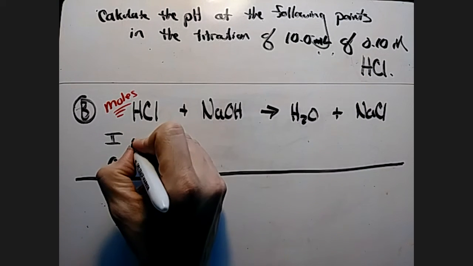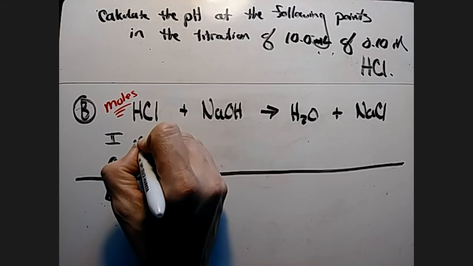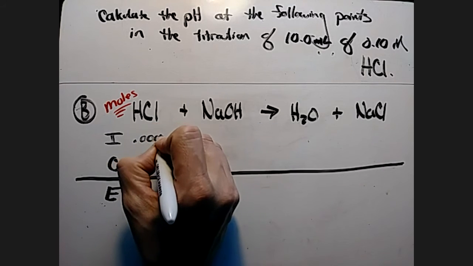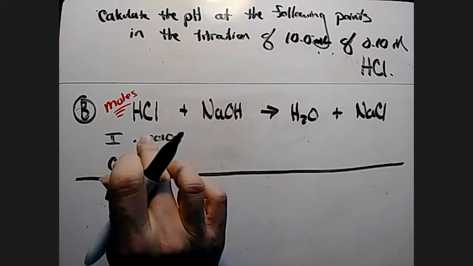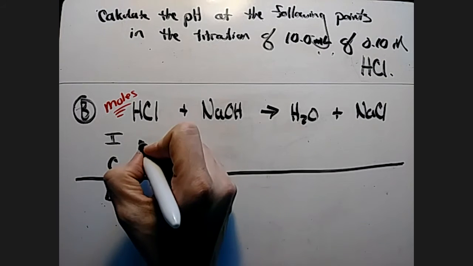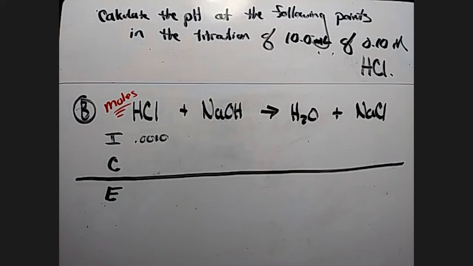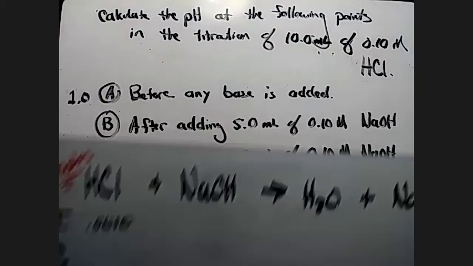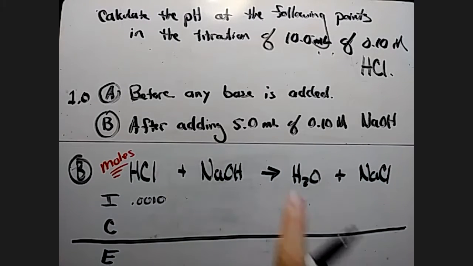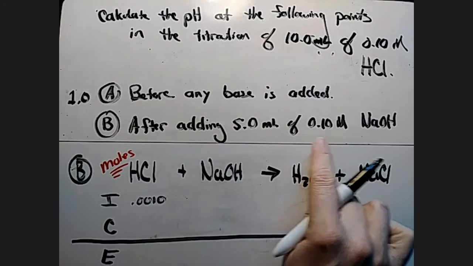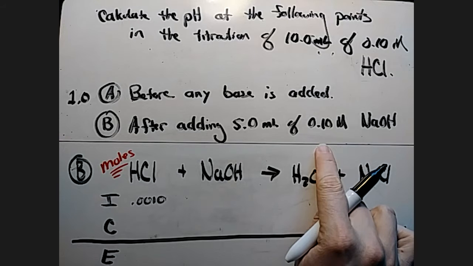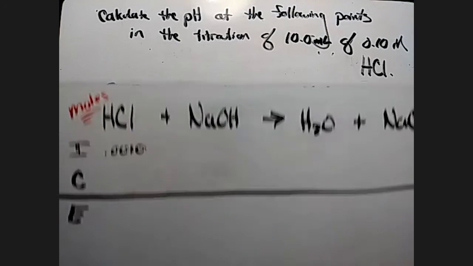So liters times molarity will get you the moles. Our HCl will have 0.0010 moles. And then for our sodium hydroxide, 5 milliliters of 0.1 molar, volume times the molarity will get you the number of moles here.